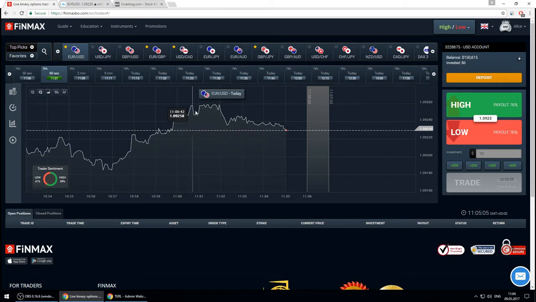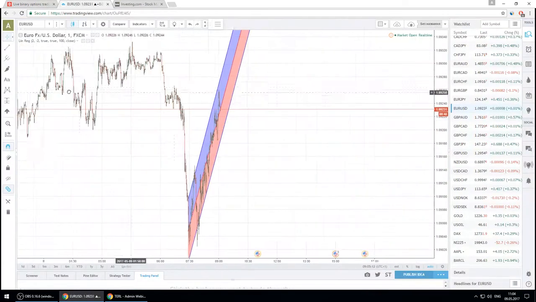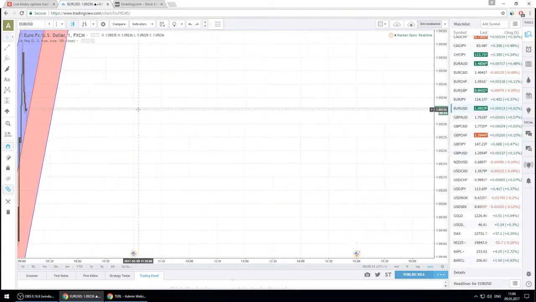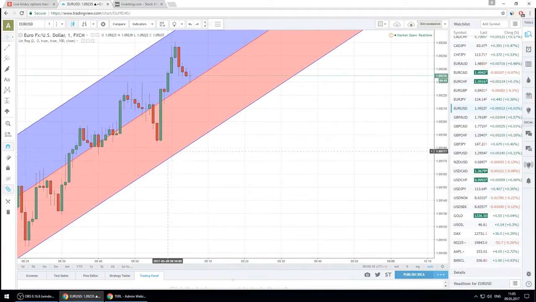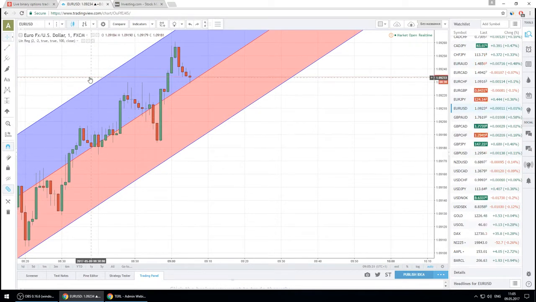For the analysis of this really short period of time, we are using the corresponding chart. So currently here I have the chart for the 1 minute time frame.